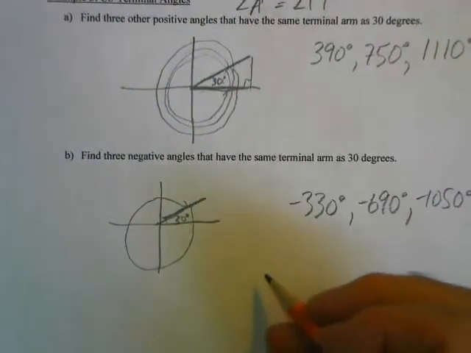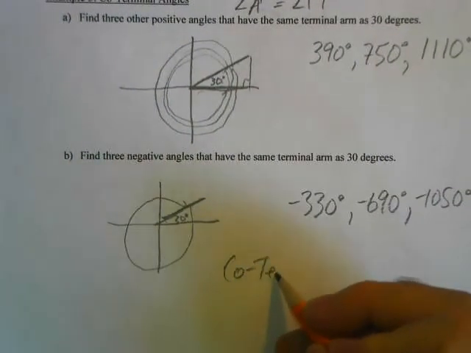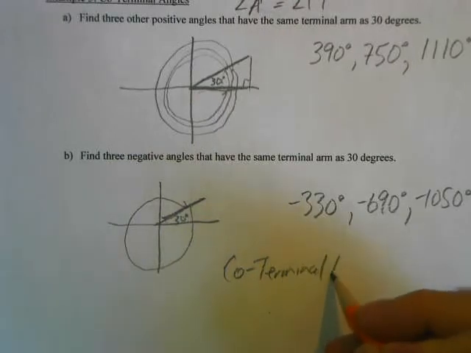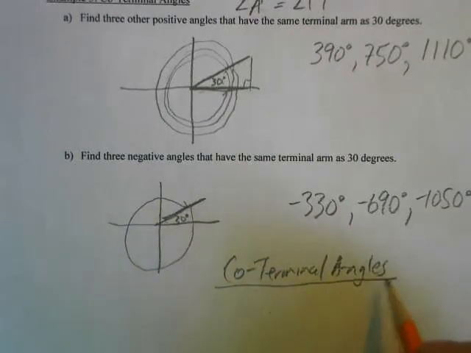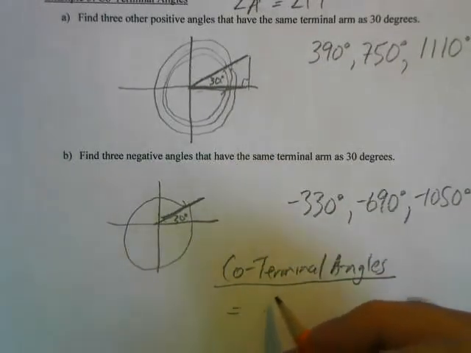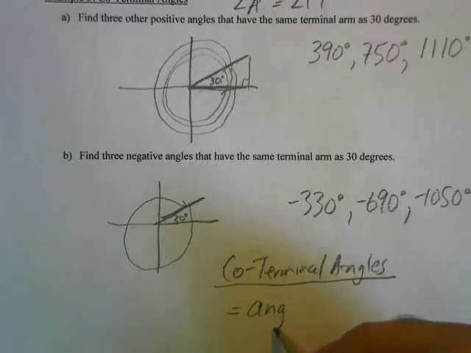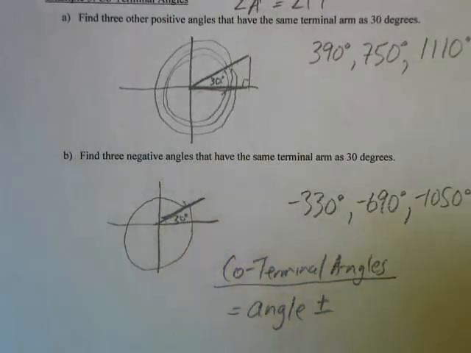So the formula for coterminal angles is your original angle, plus or minus any number of multiples of 360 degrees.